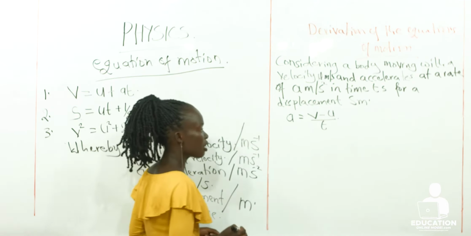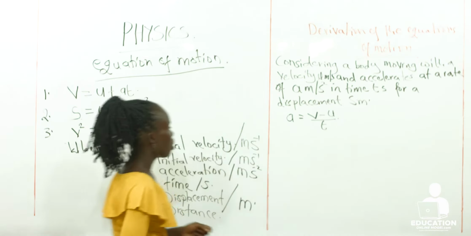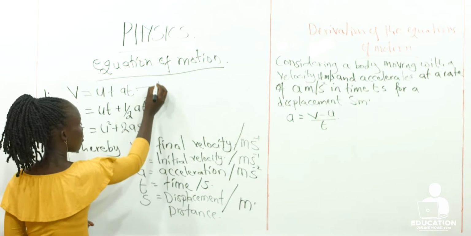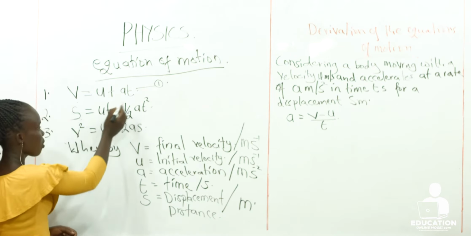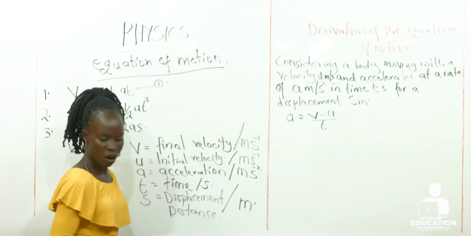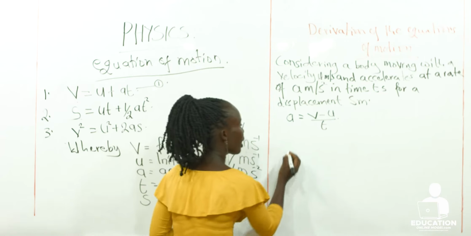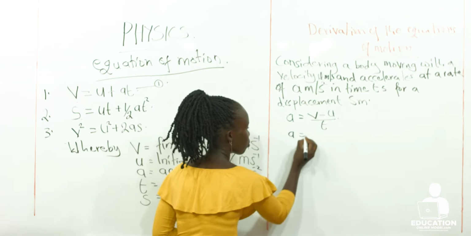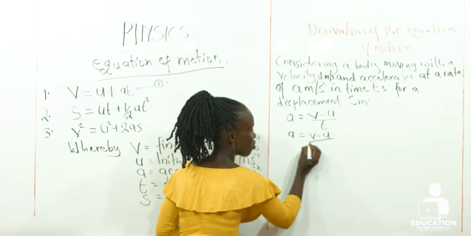So if you have it like that, what do we want there? We want v to be the subject, because we want our equation to look like this. This is the first one. We are deriving it. We have all these elements right here in the definition of acceleration. So we get this and cross multiply to give us a is equal to v minus u, over t.